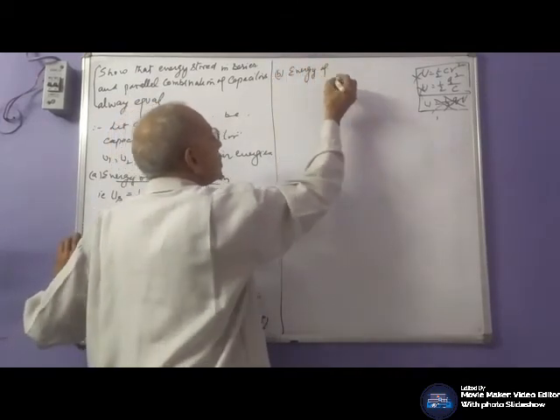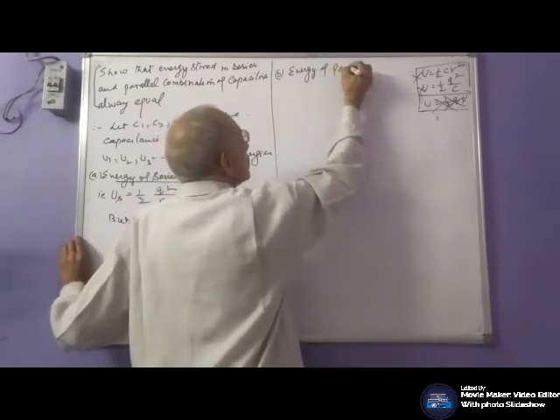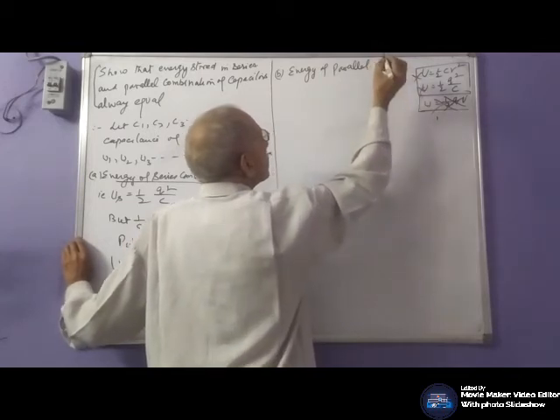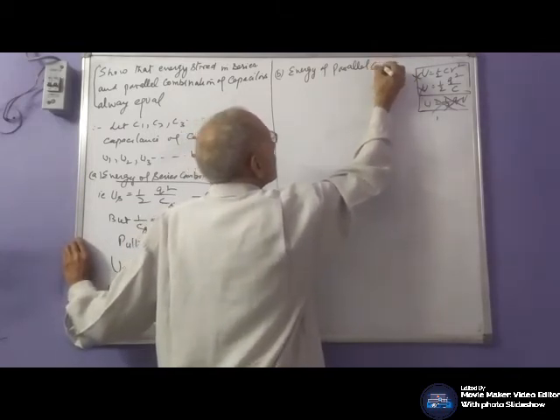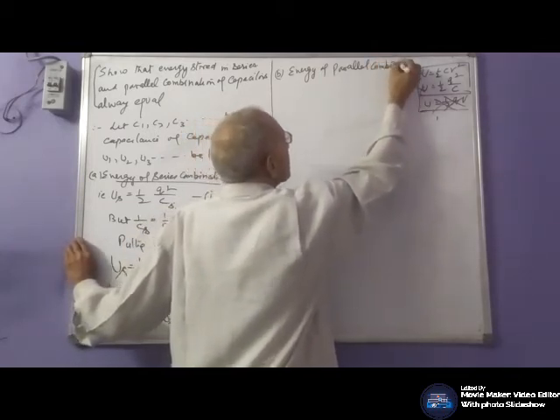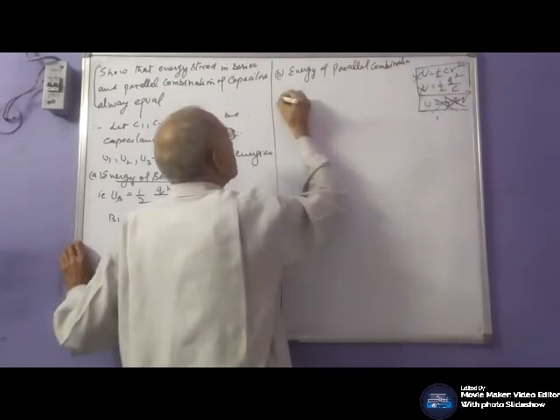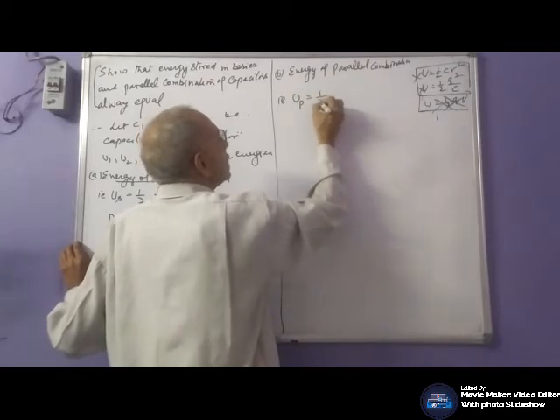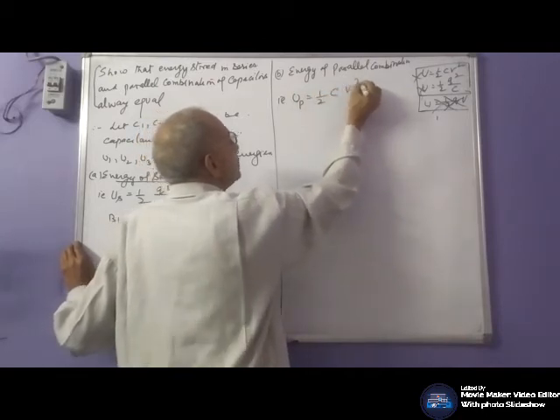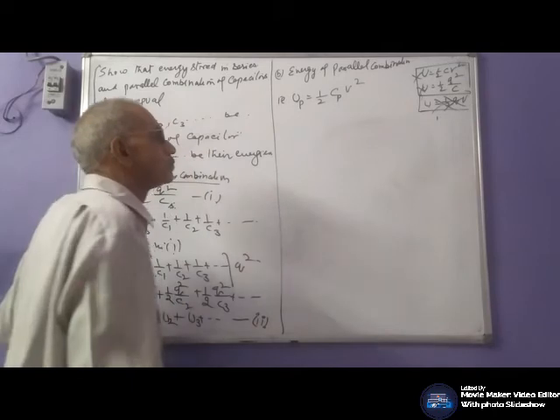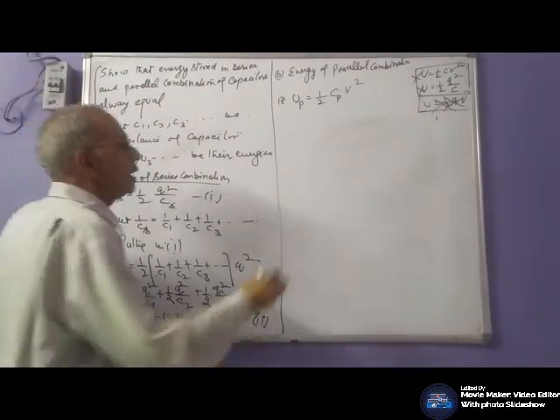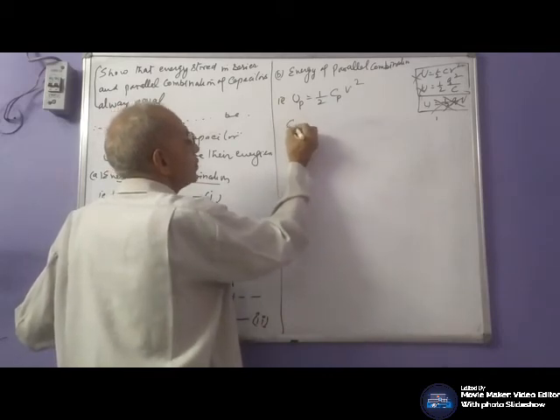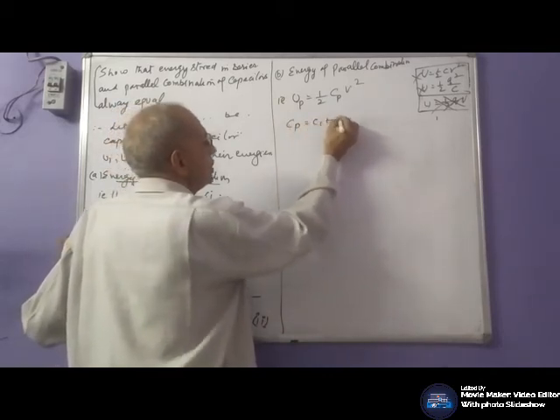Energy of parallel combination, that is UP, is half CV square. Why did we take this? CP for parallel combination, we know this thing.